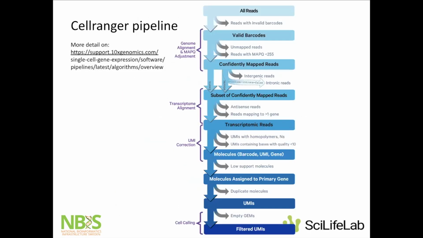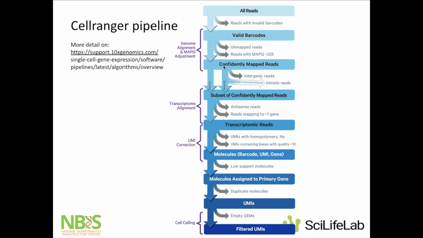Since 10x is the most used method that a lot of you are using, we'll have a quick look at their pipeline, just very much an overview. The first step is looking at the reads, checking if they have the proper barcodes that we need, and throwing away those that don't. Then we map to the genome. Any read that doesn't match the genome or has a low mapping quality is discarded.